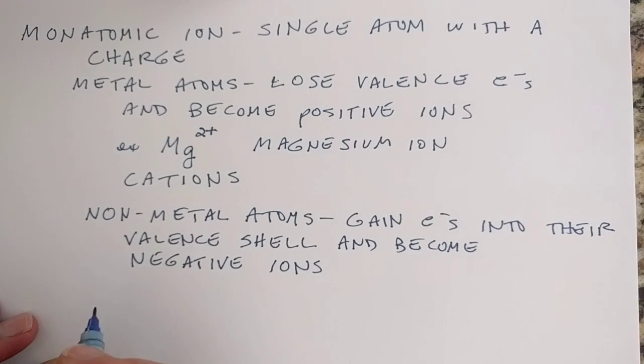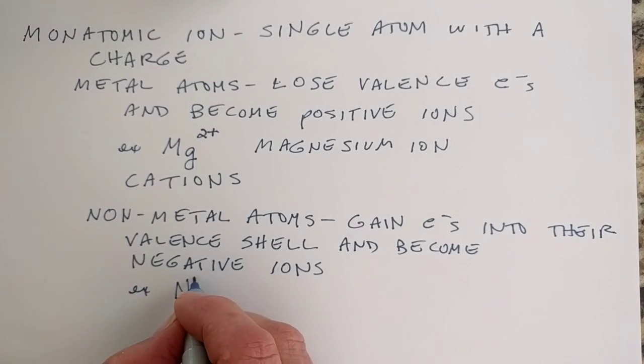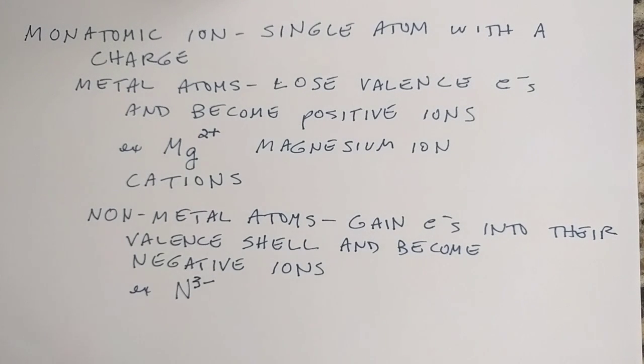All right, so for our example, if we have nitrogen, nitrogen has 5 valence electrons, it's in group 15. It wants to have the octet, so it's going to gain 3 electrons. So it ends up with a 3- charge. Now remember that for negative monatomic ions, the name ends in IDE.